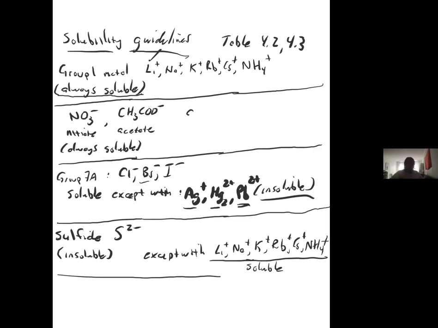Okay. Next one is the hydroxide. Now, I'm not going to go over all of them because they're all in table 4.2 and 4.3, and they're also in Alex, so you can refer to those tables. But I wanted to go over some of them. So hydroxide, OH minus. So these ones, strangely enough, they're generally insoluble.